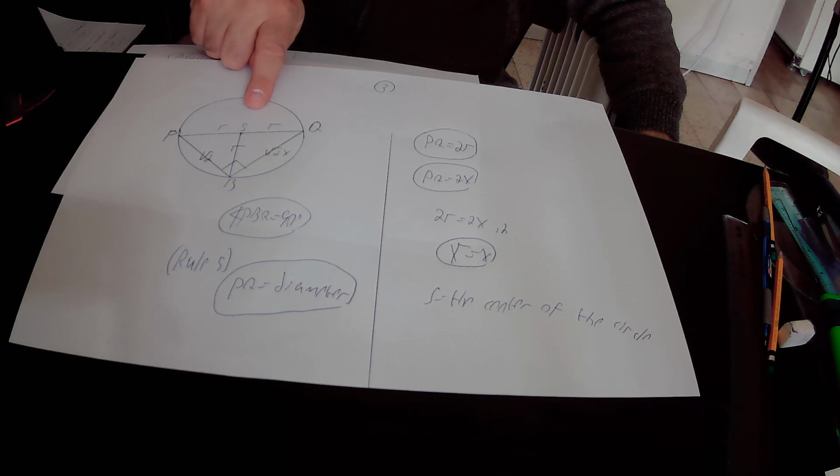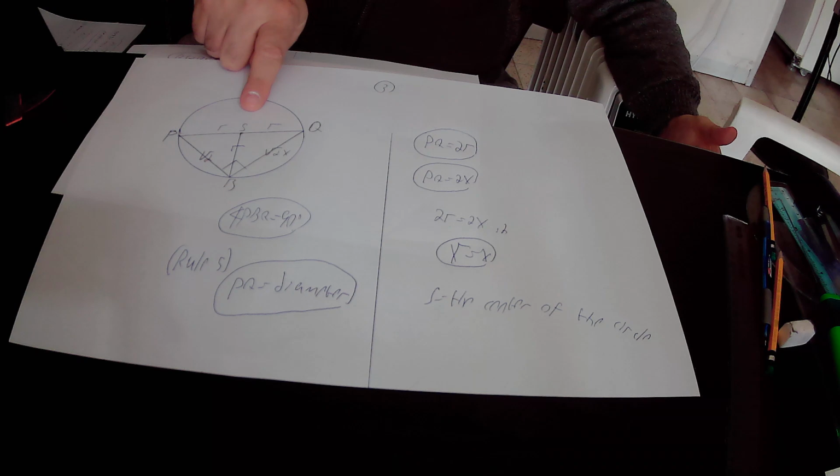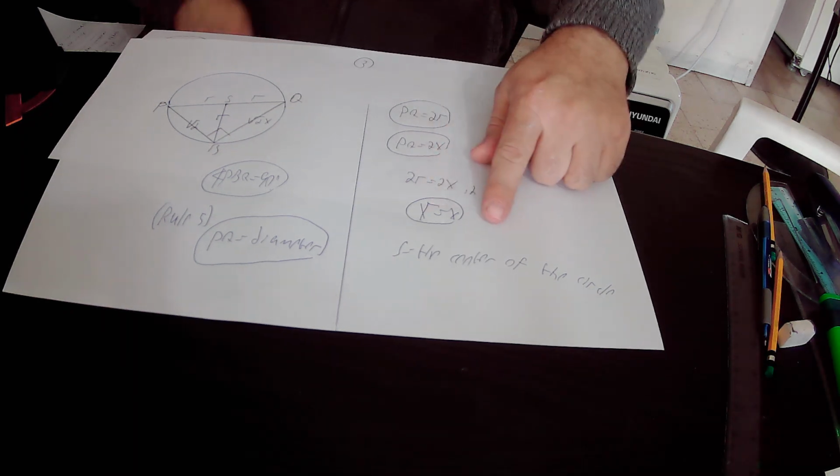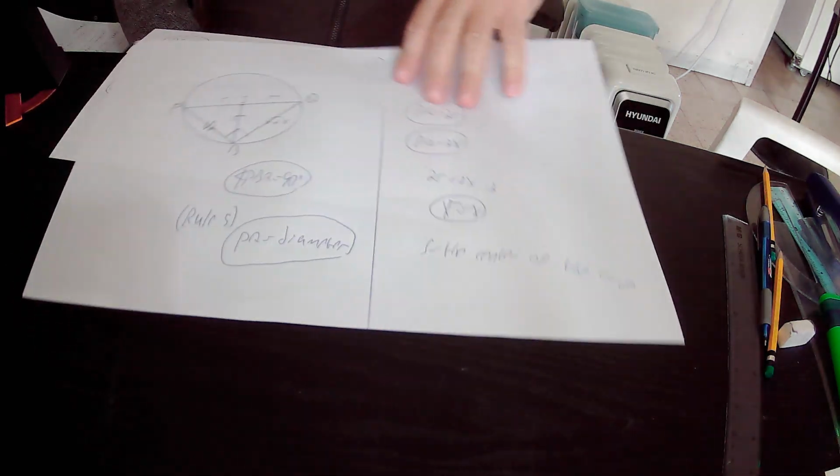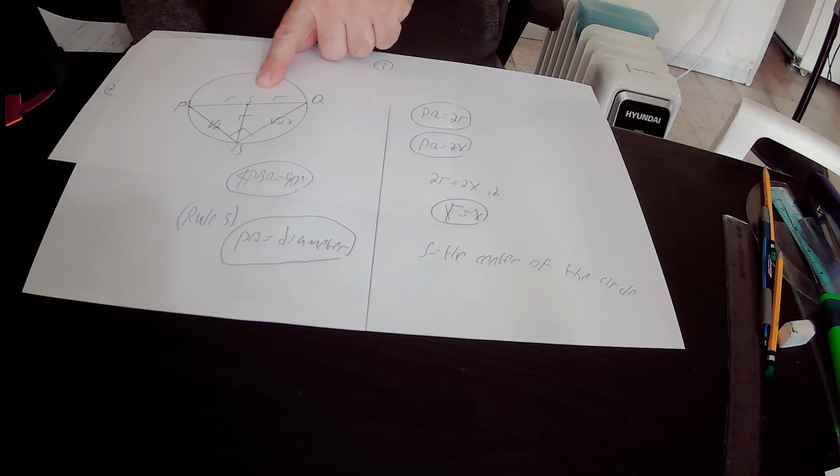Here the two radii touch each other at point S. Therefore, point S must be the center of the circle. Why? Because the two radii touch each other at point S.